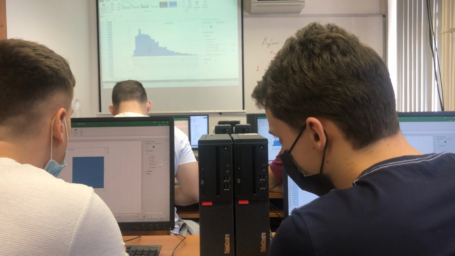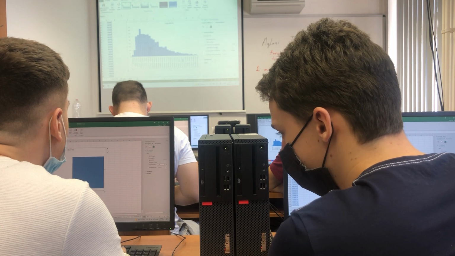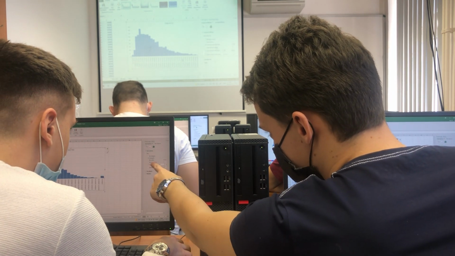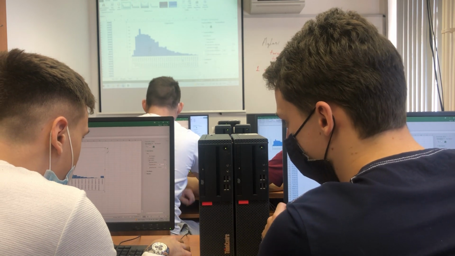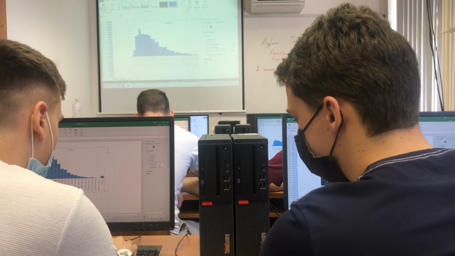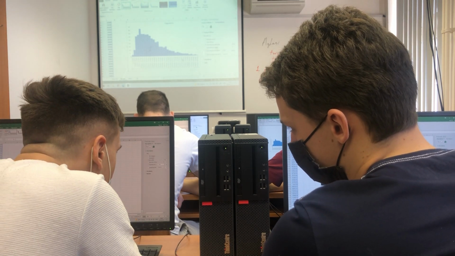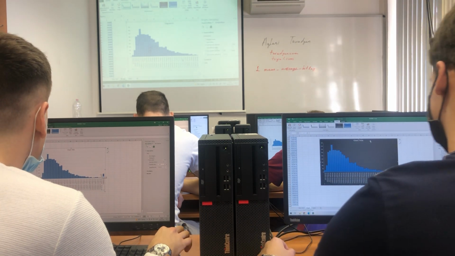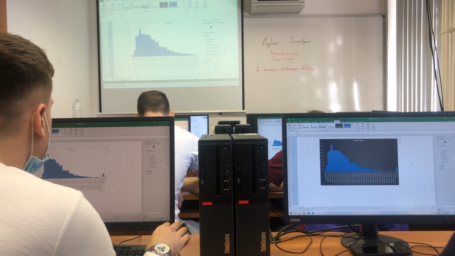And bin width 25,000. Okay. The same with you. Control Shift down to select everything. Insert. Histogram chart.